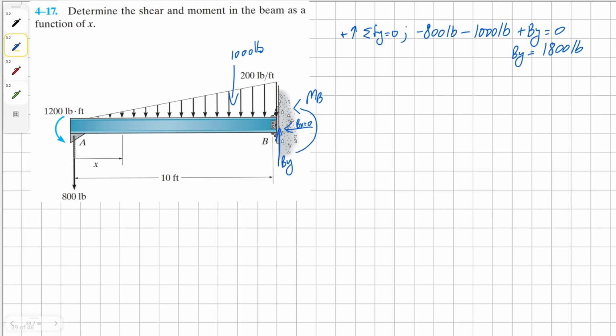Now to find the function of x for shear and moment, we first of all have to convert our triangle load into a load equation, and we'll use proportionality for that. And we know we're going to have a 200 pound distributed load at 10 feet, and we can have 0 load at 0 feet, starting from the left hand side.